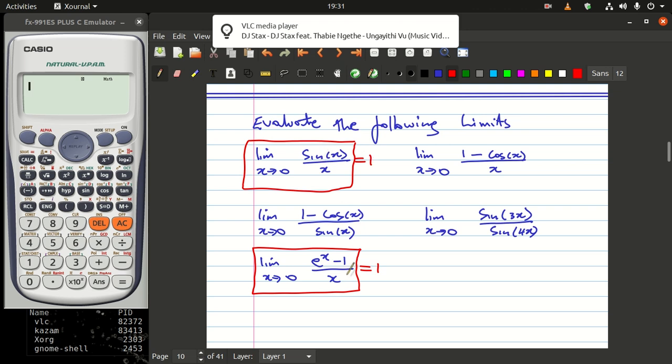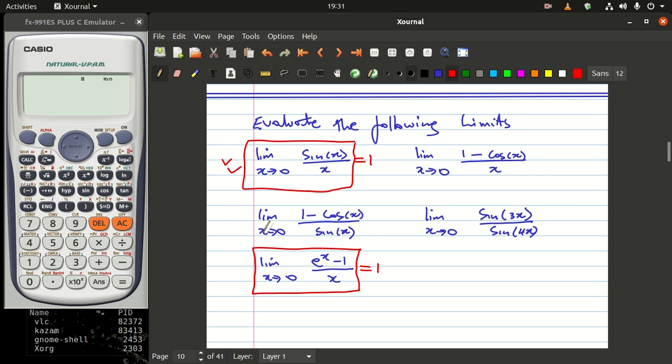This limit and that limit are very important in calculus. And this limit here, you also need to know; we'll need it in the course when we are dealing with derivatives. You need to know it by heart that this limit here is equal to 0. So know these limits by heart.